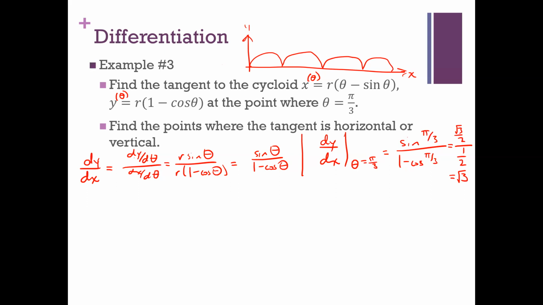This time I'm going to ask us to find the full equation of the tangent line. So that radical 3 is what? What did we just get? That's the slope, right? So if I'm trying to get an equation of this form, y equals mx plus b, we got the m, y equals radical 3 x plus b.